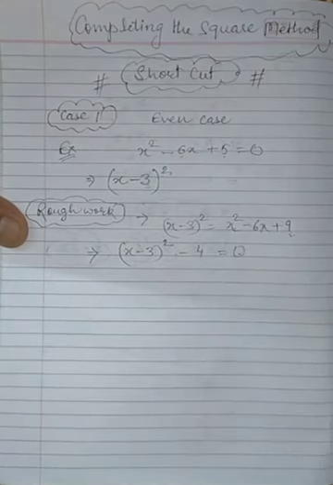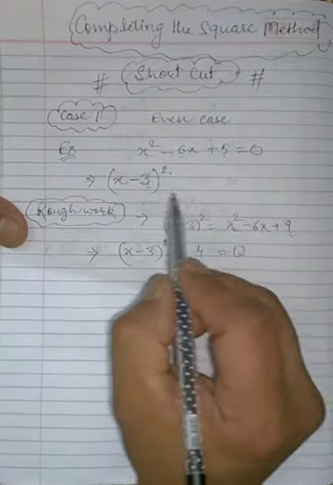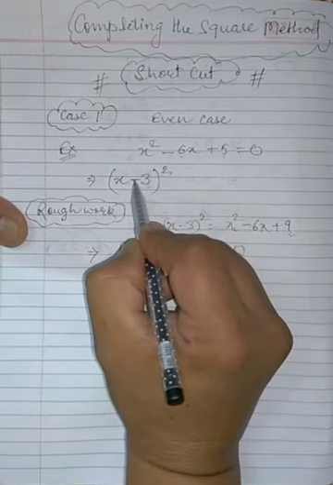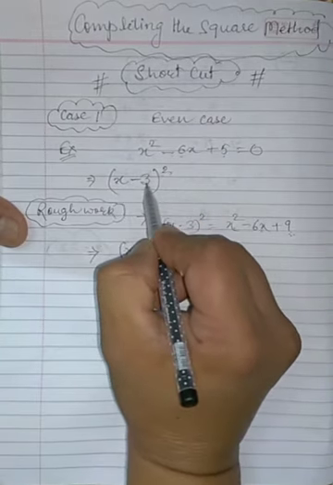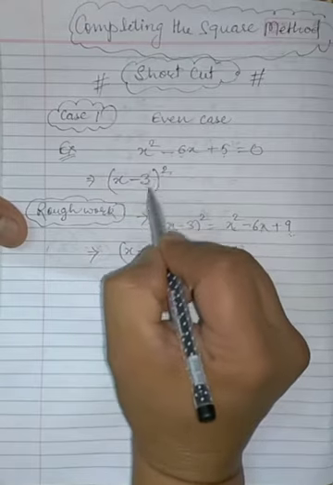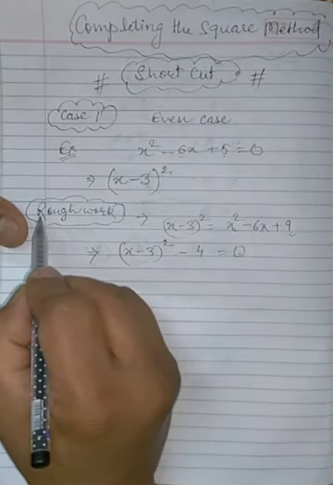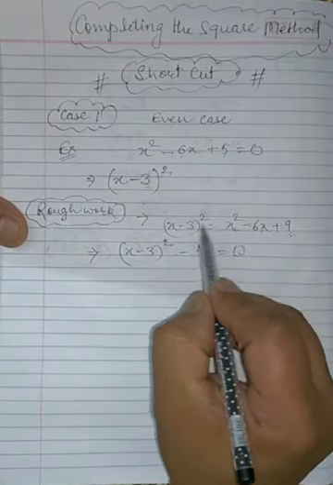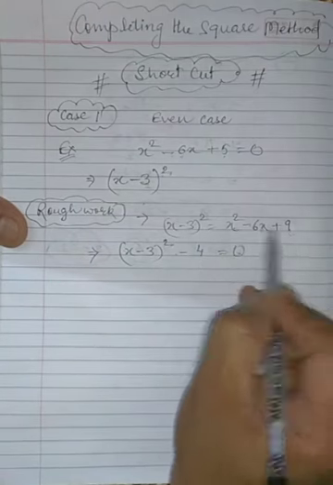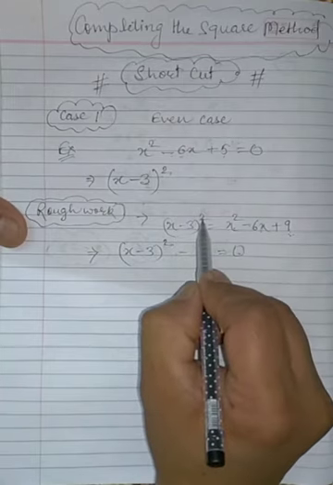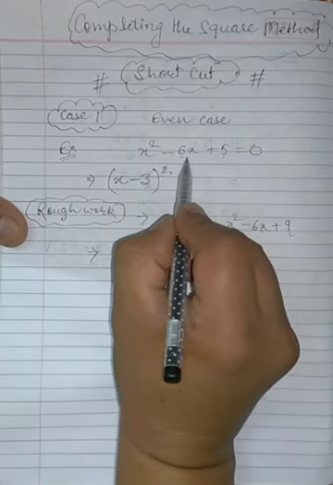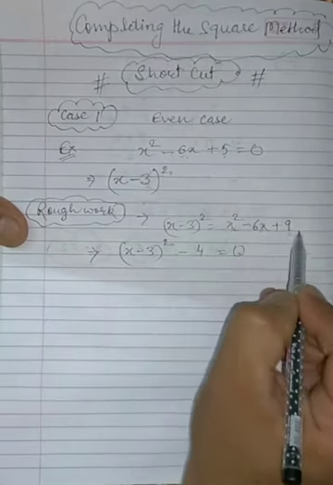Understood? How did I do it? First of all, I took x, I took this sign, I took half of this number, and then I completed this as a whole square. Then in rough work, I checked by expanding it that x square minus 6x plus 9 is the expansion of x minus 3 whole square, in which the first two terms are already matching with this and only the third term is not matching.